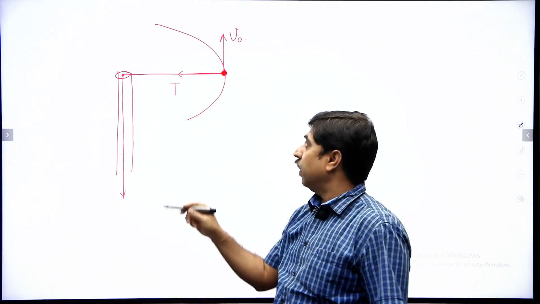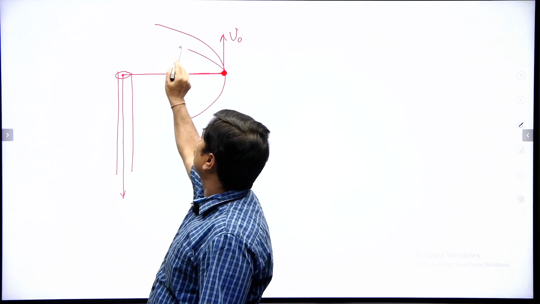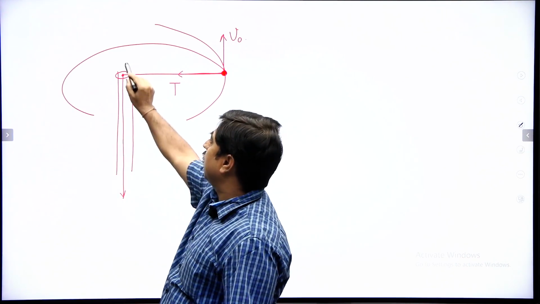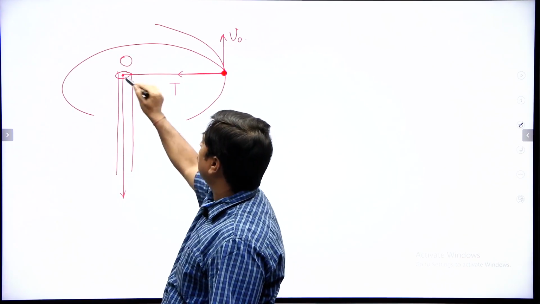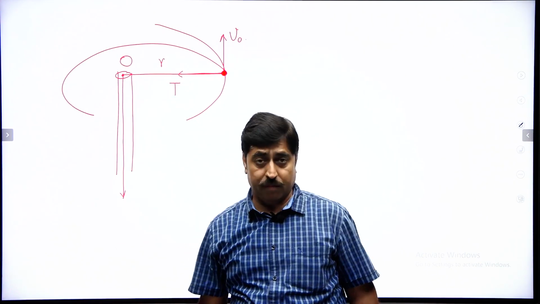Can you see that? Because as the mass spirals around this post, that means as the radius decreases, obviously we can say that this mass is getting closer to point O. So this distance r is decreasing.